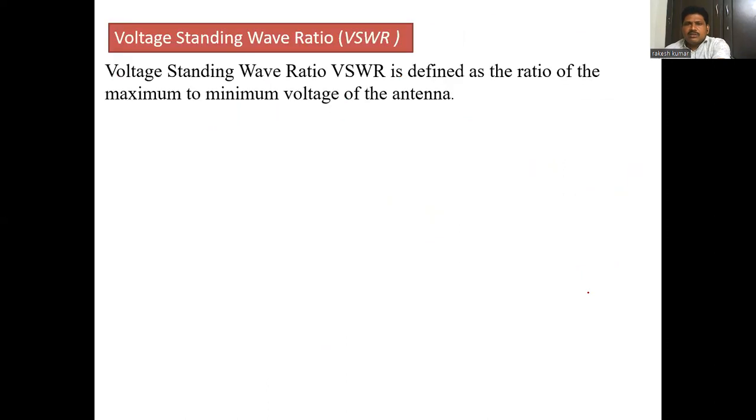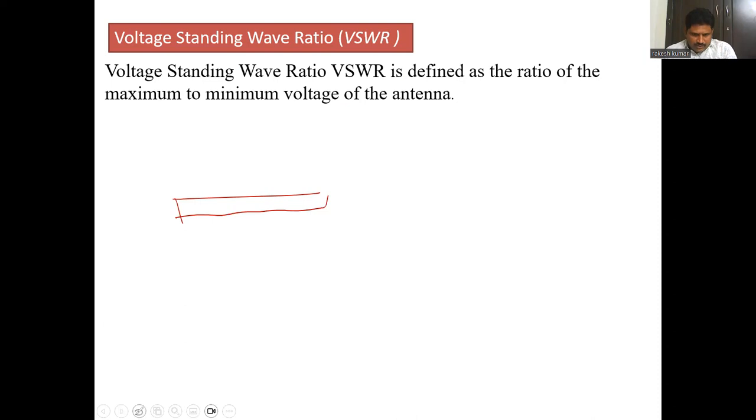Let us discuss another parameter, that is voltage standing wave ratio. The voltage standing wave ratio is defined as the ratio of maximum to minimum voltages of the antenna. What is meant by a standing wave? Let us take any conducting material.